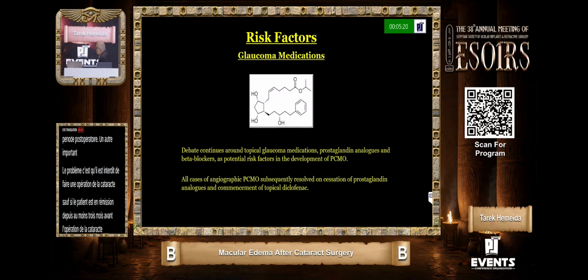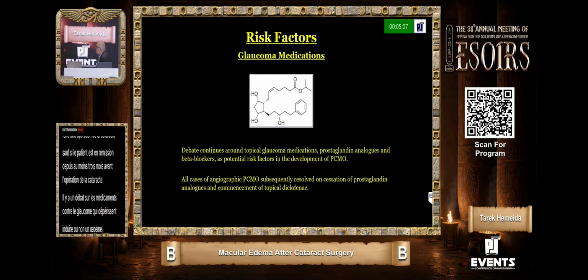There is a debate about whether glaucoma medications induce macular edema or not, but recently, if you stop this medication, the macular edema will subside if you have it.